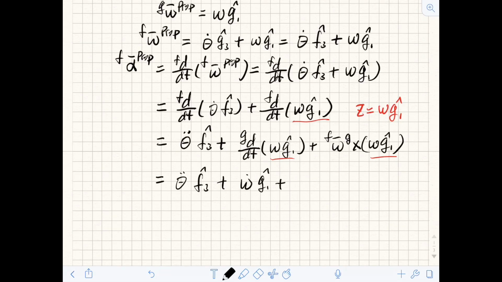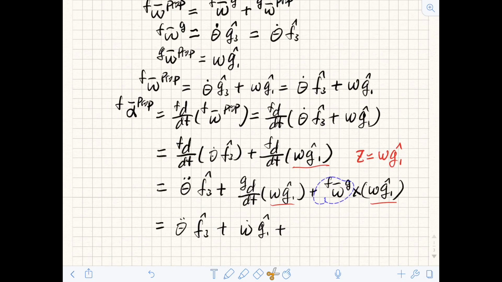And we know the angular velocity of g in F, as we have found earlier, is theta dot G3 or theta dot F3, because the other term of the cross product is in the G frame.